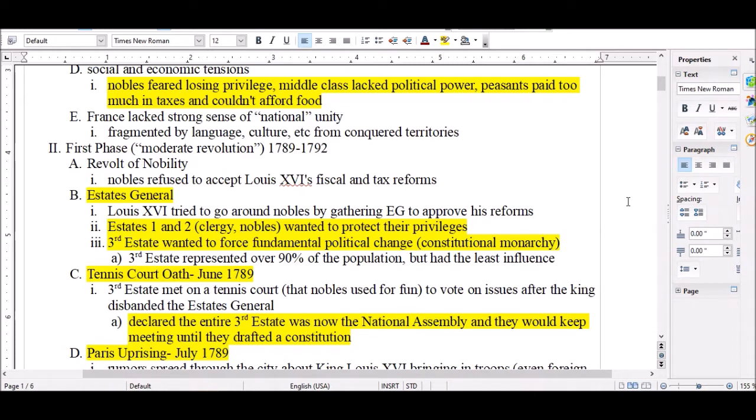They don't have any kind of connection to France or to the king or to their fellow countrymen who happen to be living in the same area, but don't speak the same language, don't have the same cultural backgrounds. In some cases, may not be the same religion or any number of other differences, and that is going to be an issue that will be addressed eventually quite violently. And that brings us to the first phase.